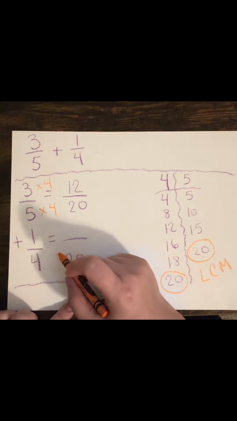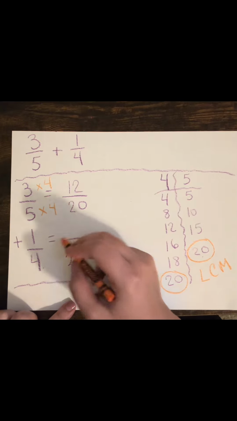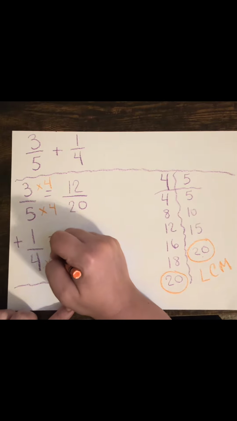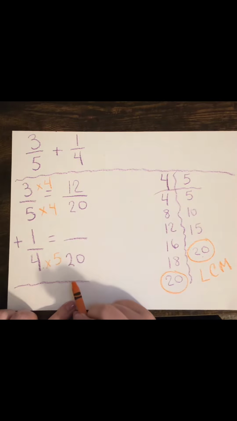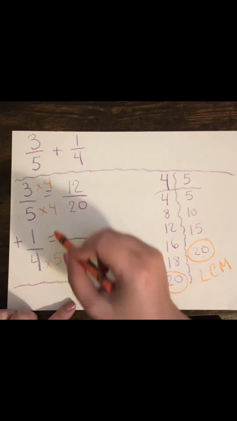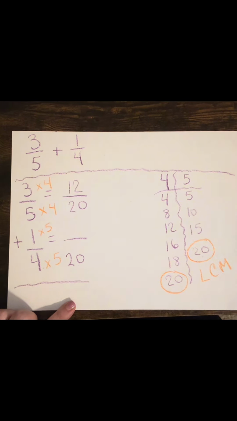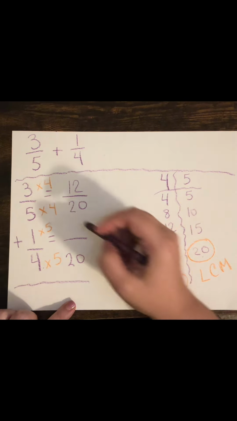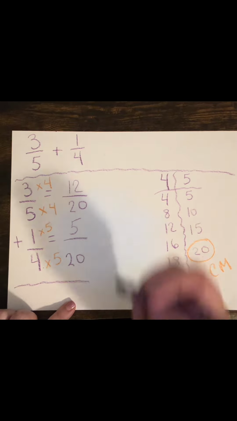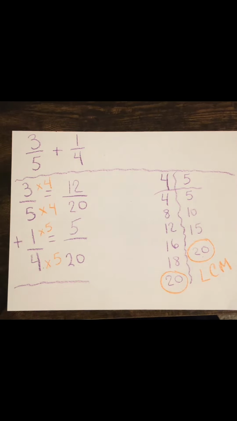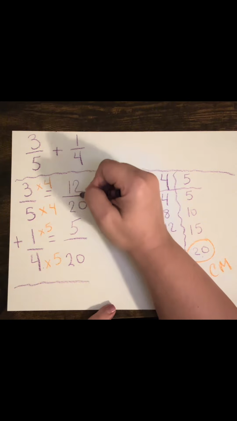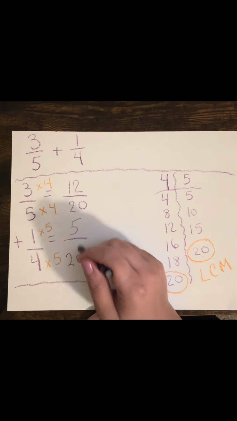So what did we multiply 4 by to get to 20? We multiplied it by 5. And remember, whatever we do to the bottom, we must repeat and do the same thing to our top. So we're going to also multiply the top by 5. 1 times 5 gives us 5. So look over here. We created two new fractions. We created 12/20 and we created 5/20.